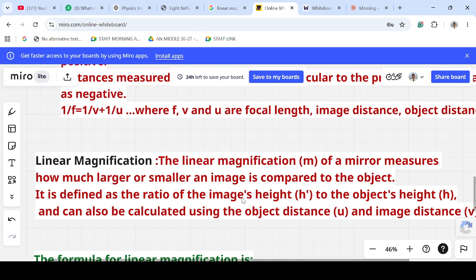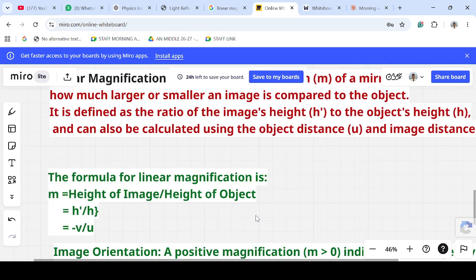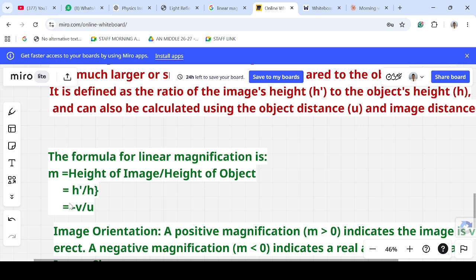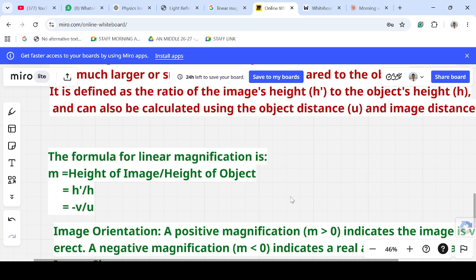It is defined as the ratio of image height h dash to the object height h, or it can also be calculated using object distance u and image distance v. So see here the formula of linear magnification. m is equal to height of image over height of object, h dash over h, or negative v over u.